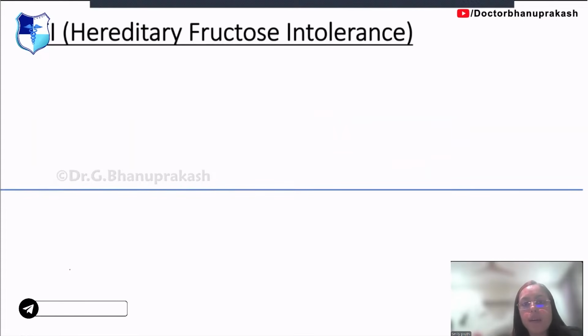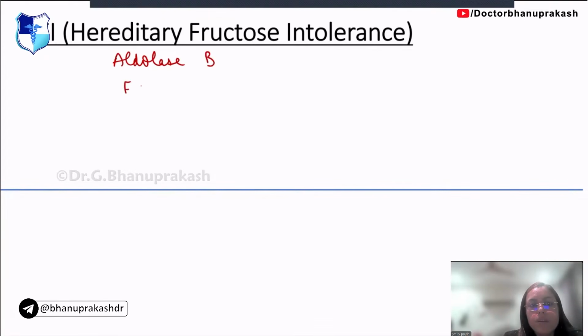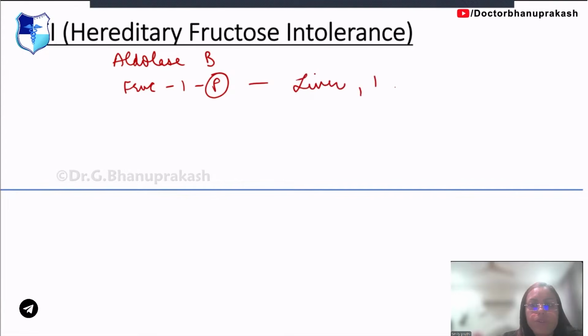Then is hereditary fructose intolerance, HFI. Here the enzyme is aldolase B. Fructose 1-phosphate gets accumulated. It gets accumulated in liver, kidney. Patient has jaundice because liver affected.